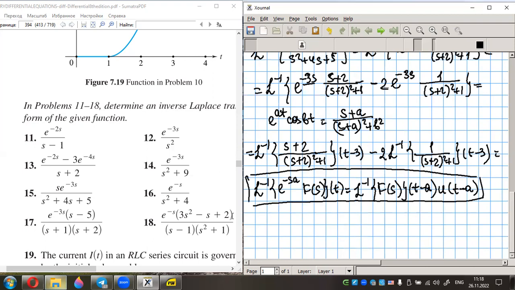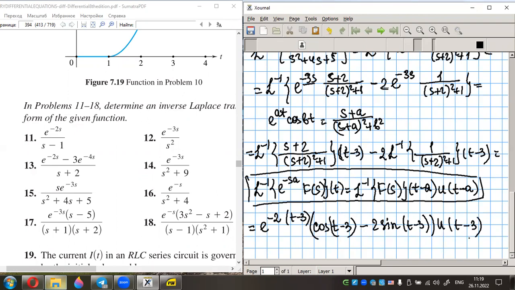Yes. Okay, and the answer is e to the minus 2 t minus 3, cosine t minus 3, because here we have t minus 3, and let me put brackets, minus 2 sine t minus 3, times u of t minus 3.